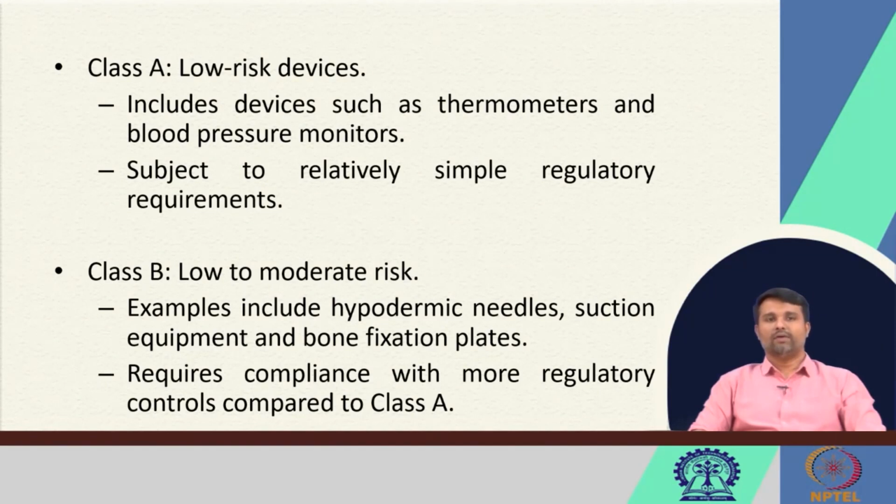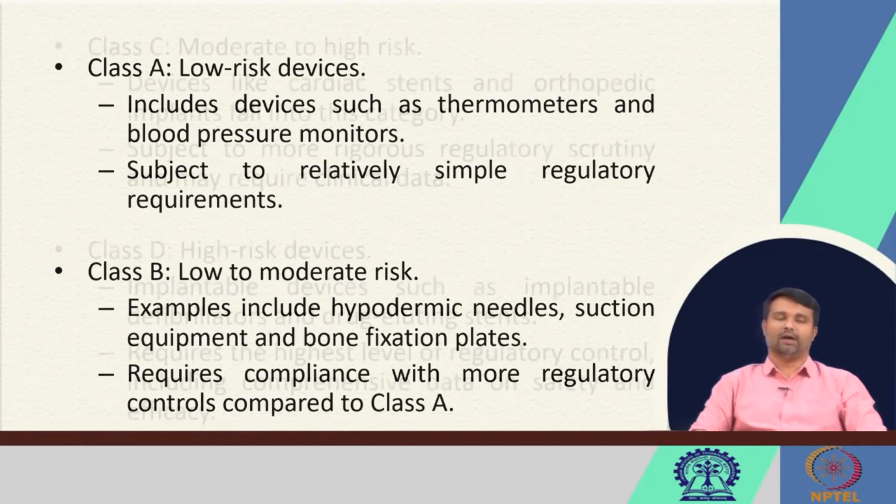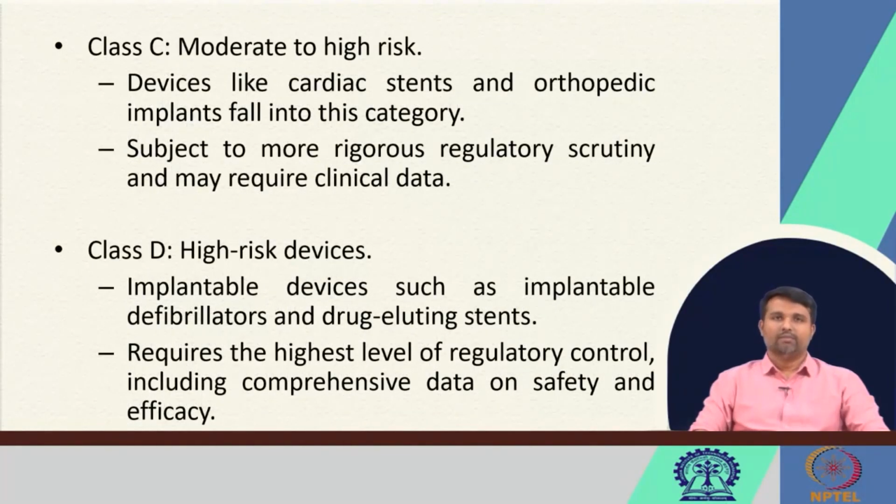Class B covers devices which fall into low to moderate risk category. This requires compliance with more regulatory control compared to class A. Examples include hypodermic needles, suction equipment, bone fixation plates, etc. Class C deals with moderate to high risk category. Devices like cardiac stents, orthopedic implants, etc. fall into this category.